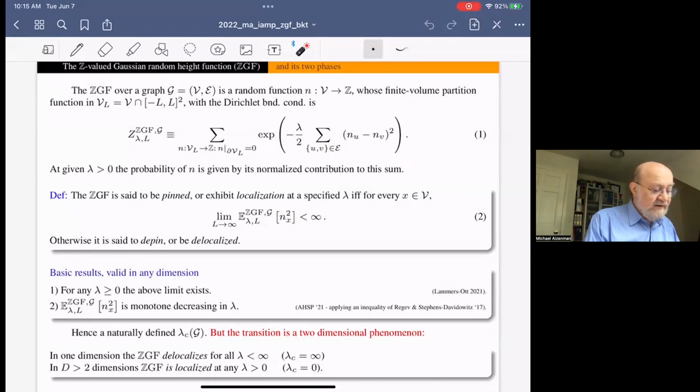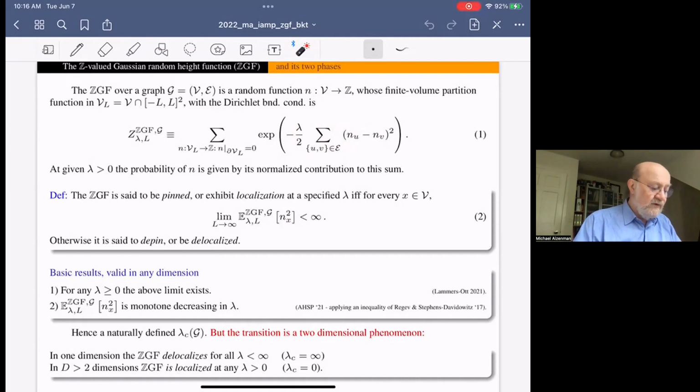Or else, the other possibility is that it stays finite, in which case you have an infinite volume Gibbs measure with this action. But in fact, in that case, there will be an infinite number of infinite volume states which differ by a uniform shift of the level at which the fluctuations occur.